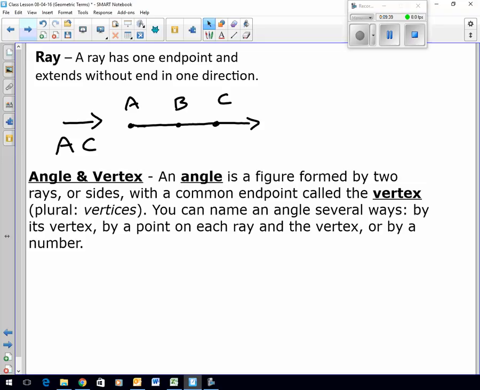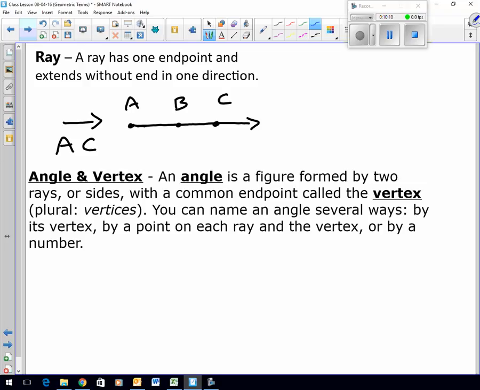An angle is a figure formed by two rays or sides with a common endpoint called the vertex. Plural is vertices. You can name an angle several ways: by its vertex, by a point on each ray and the vertex, or by a number. So, the most common way you're going to get an angle is with 2 rays.